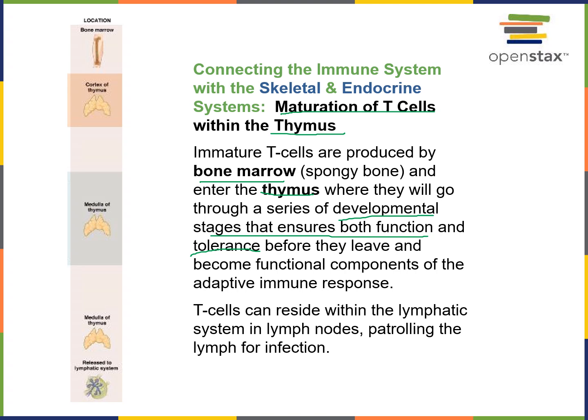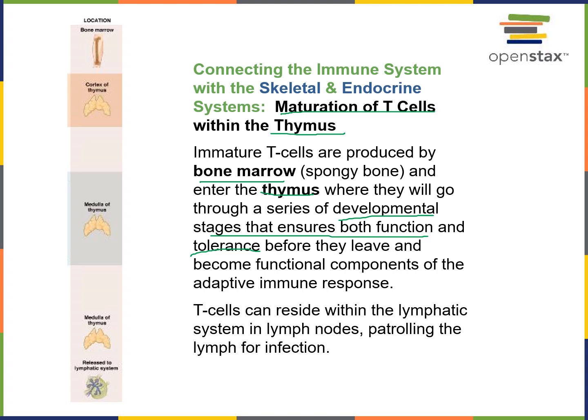So, as long as T cells have a functional T cell receptor, and as long as they have learned in the thymus, so in the thymus they're really being educated. So as long as they have learned in the thymus that when they see our own tissue, leave it alone. Do not respond to self-antigens. Only respond to foreign antigens. If they can do that, they're allowed to leave the thymus.